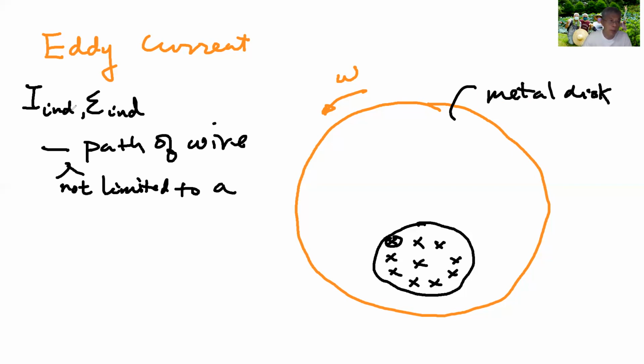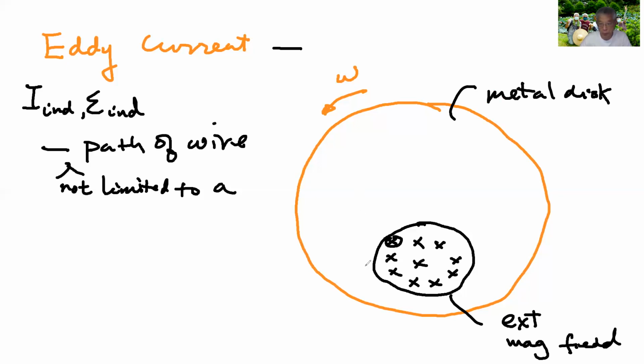So this eddy current is formed in this metal disc due to the existence of this external magnetic field. This eddy current can occur on the disc, and it defines its own path.